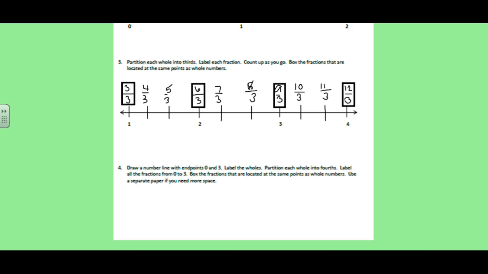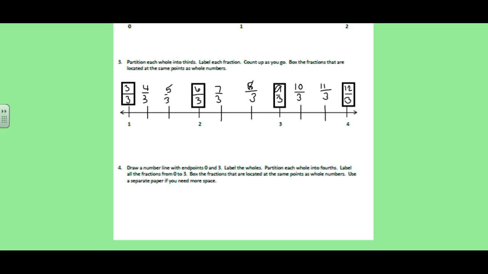So number 4 says draw a number line with the endpoints as 0 and 3. So we know that in between there, there's also going to have to be a 1 and a 2. So all of your wholes are going to be 0, 1, 2, and 3. Each different whole on your number line, or in between each different whole number, is going to have 4 equal parts.